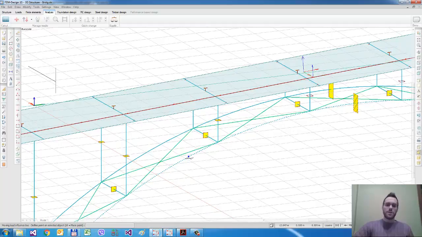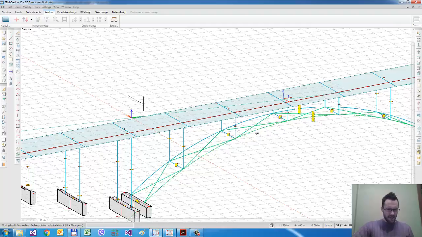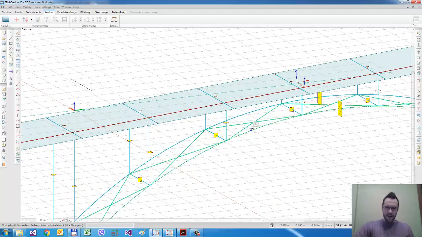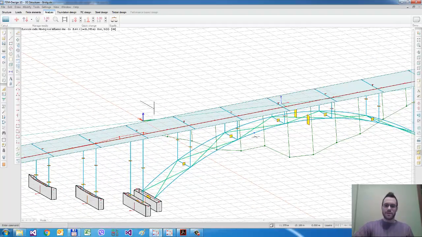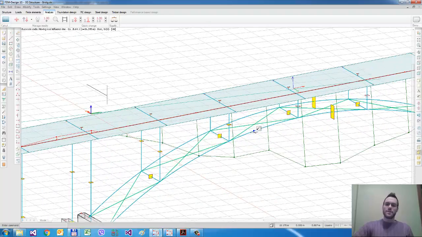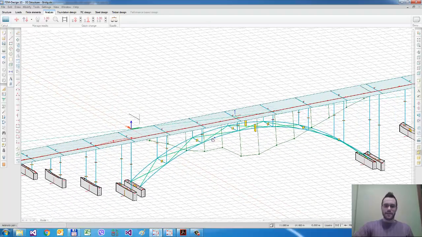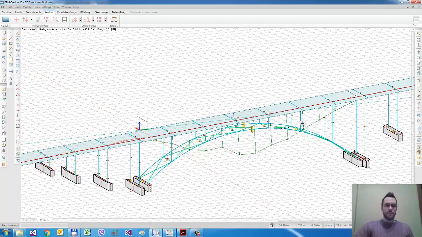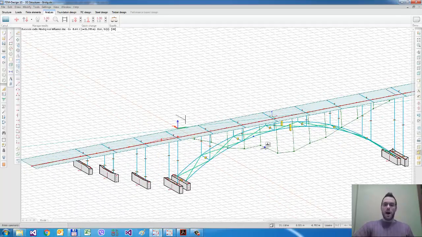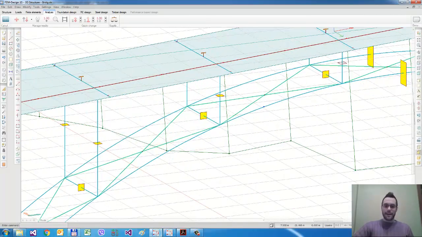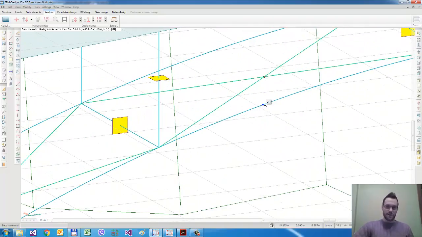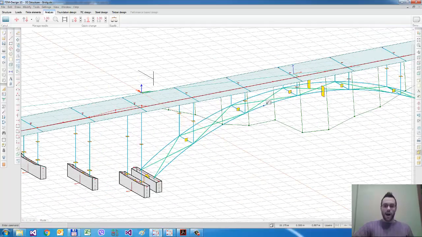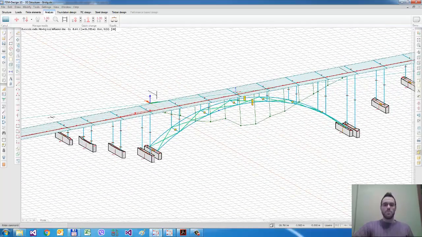So now the program says define a point in the selected objects. So I would like to just choose a cross section on this beam. So I click here, and in this case I would like to see the influence line of this cross section of this beam. This influence line figure shows us how big the normal force is in this beam, in this specific cross section with this blue dot, when the load is moving on the bridge.